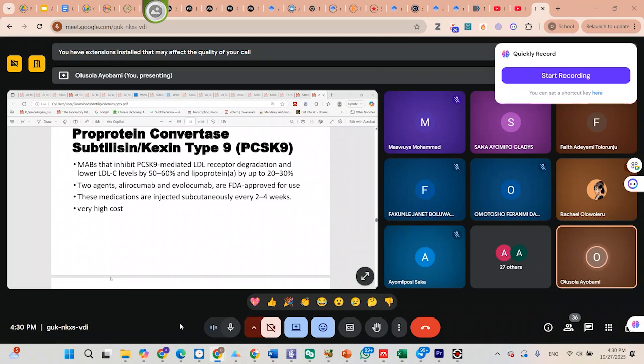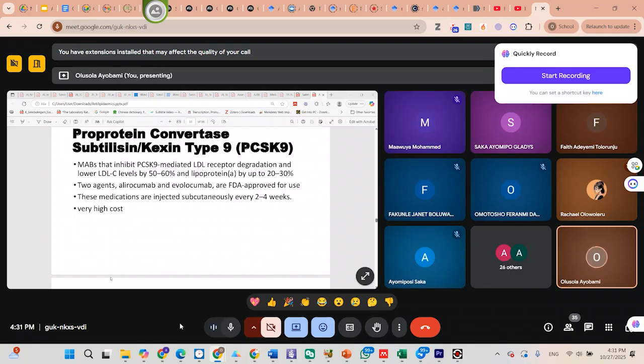The ones I mentioned earlier work before the formation of the protein. But just in case the formation eluded some of the drugs, you can also use monoclonal antibodies to neutralize the protein. Monoclonal antibodies mop up the protein, similar to an antibody destroying an antigen. And this has been found to be 50 to 60% effective.